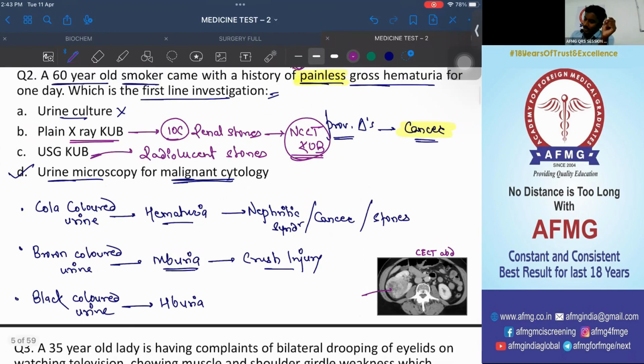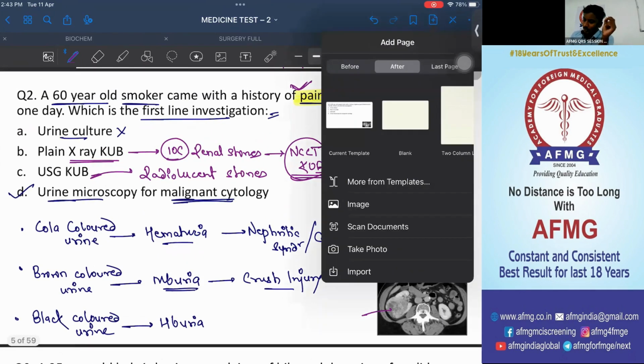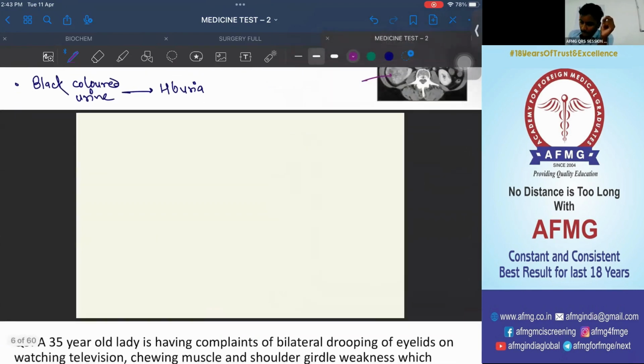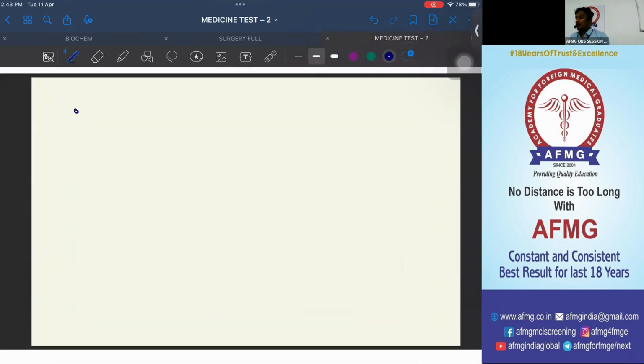In a recent exam there was a question on microscopic examination as well. So usually in a normal person there is presence of hyaline cast in the urine. What are these called? These specific type of proteins which are normally present in the urine, what are these called?